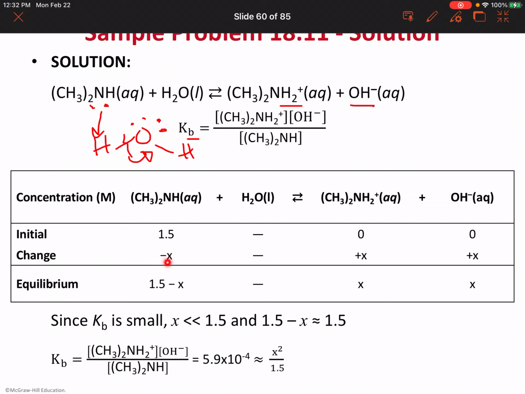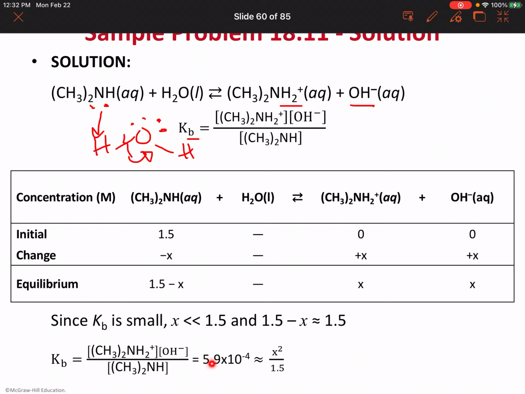The change is negative x, positive x, positive x, and at equilibrium 1.5 minus x, x, x. Since Kb is small, we consider this x negligible, so small compared to 1.5, so 1.5 minus x equals 1.5.